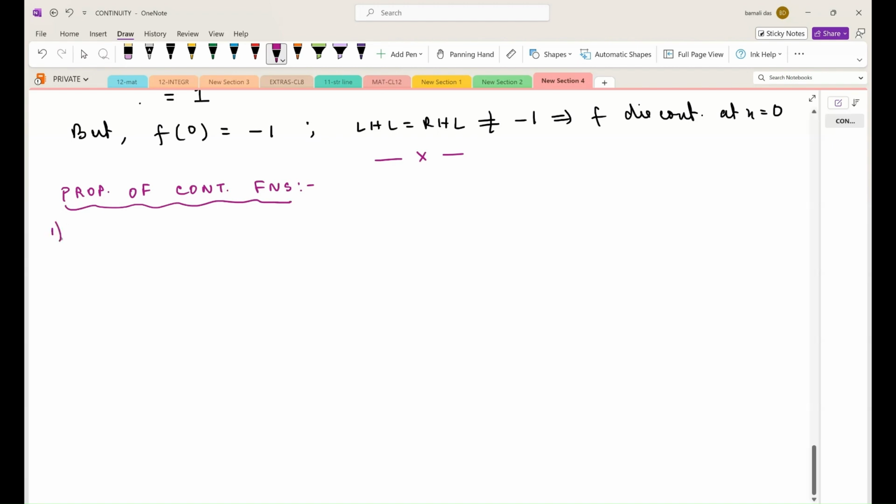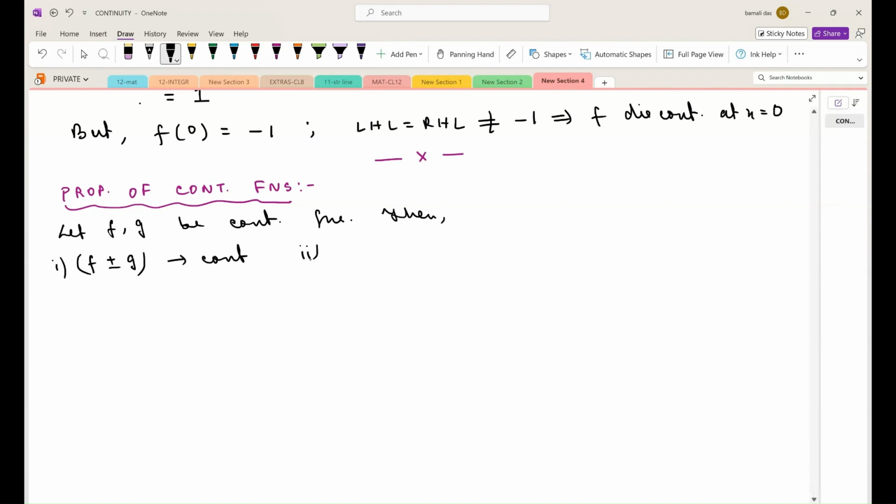Number one, here first we assume that f, g are continuous functions. Then number one, f plus minus g will be continuous.